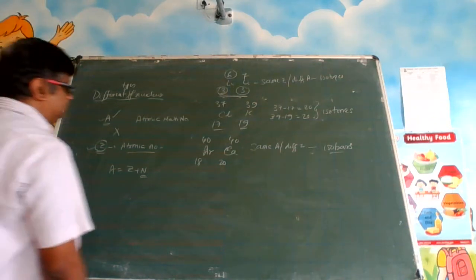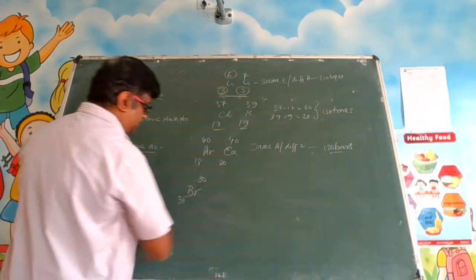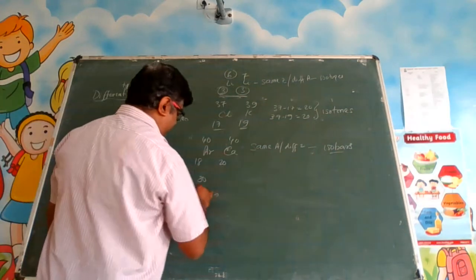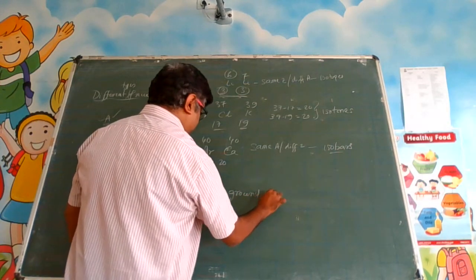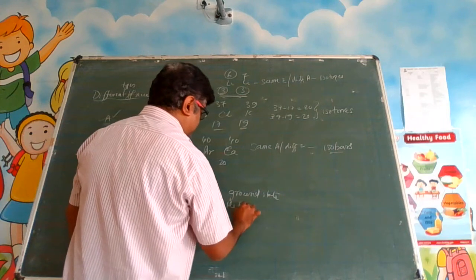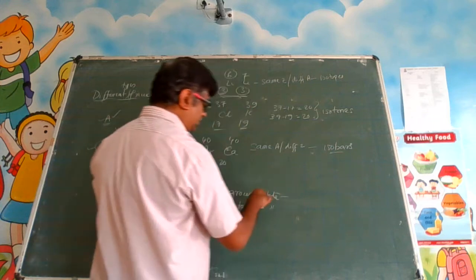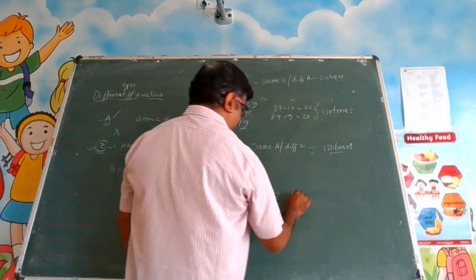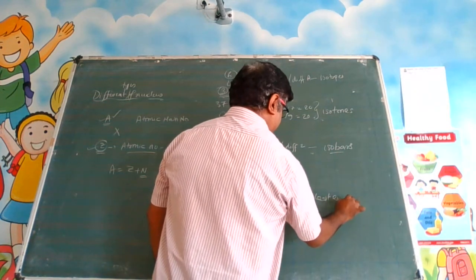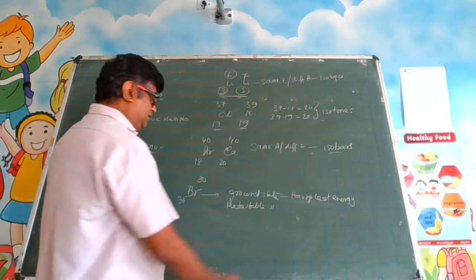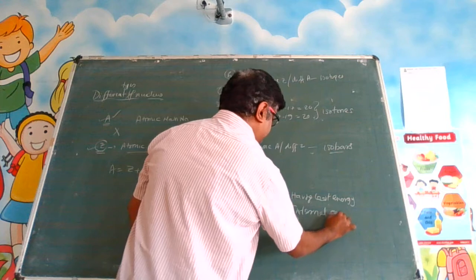So then you take bromine. Bromine is 35, 80. Now when you take bromine, consider the ground state and a metastable state. What is the ground state? Ground state is having the least energy. Now there is also a case of an internal equilibrium.